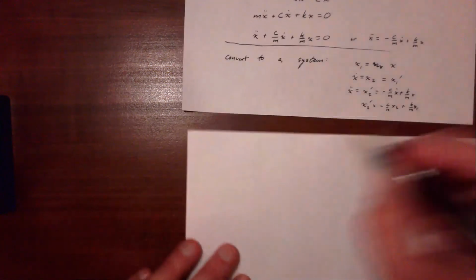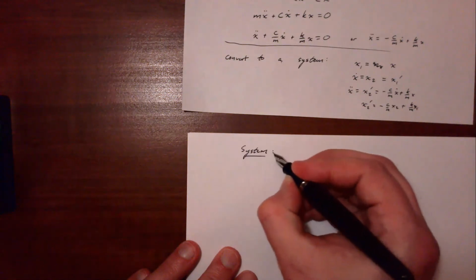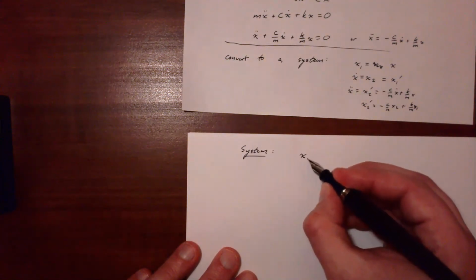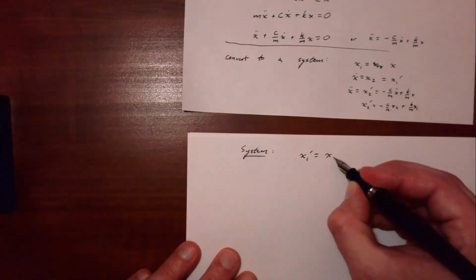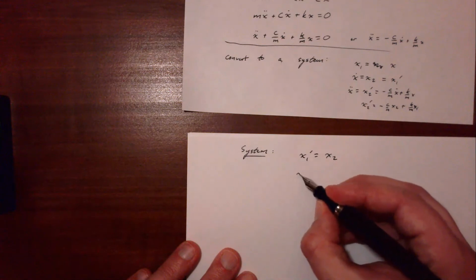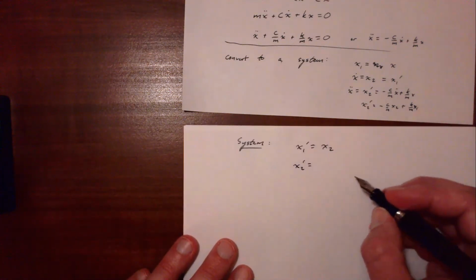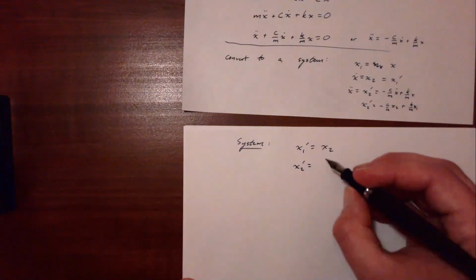So our system now looks like x1 dot equals x2, x1 prime, I guess we'll write it so that we're now fully in the language of this class.